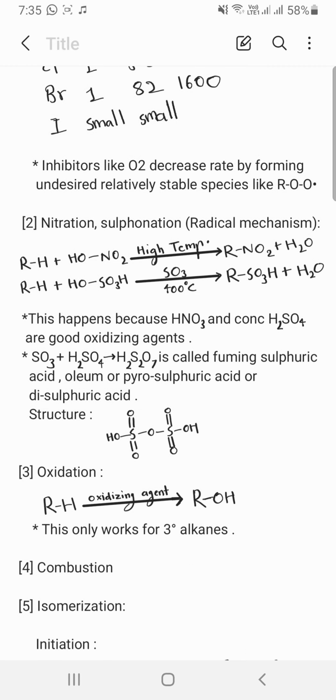Nitration and sulfonation. So this is nitration and sulfonation of alkanes, which are not having any functional group that we can use to make these molecules attack on it, so it is essentially going to proceed by a radical mechanism. And I don't know what the mechanism is though, but it does that.